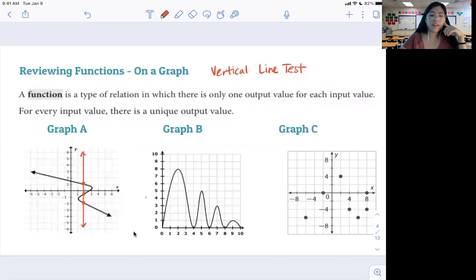That is bad news, because if it's a function, it can only touch 1 time. If it touches more than once, it's not a function. So this would not be a function.